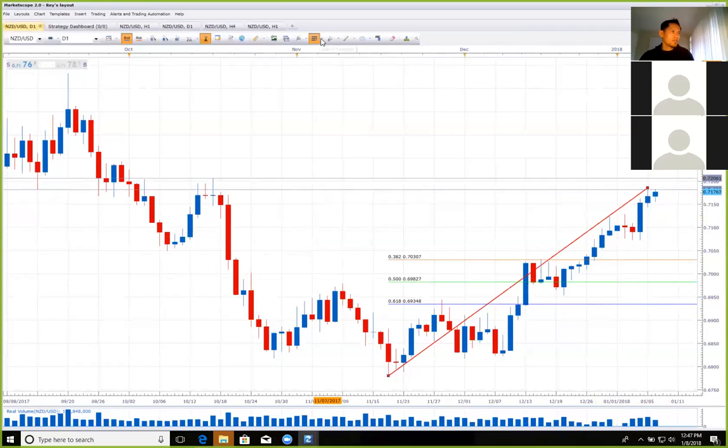Shorter impulse, higher probability. I mean, still 78 pips, that's pretty solid, 100 pips.